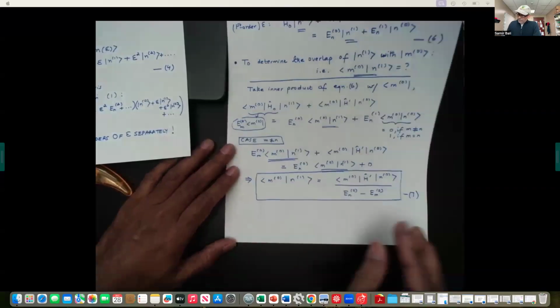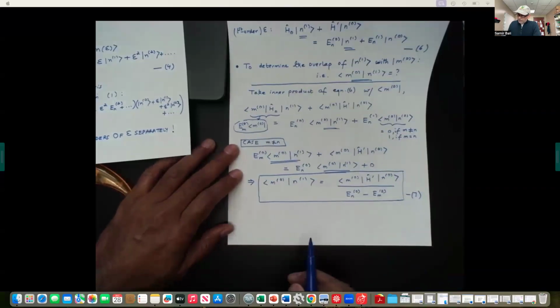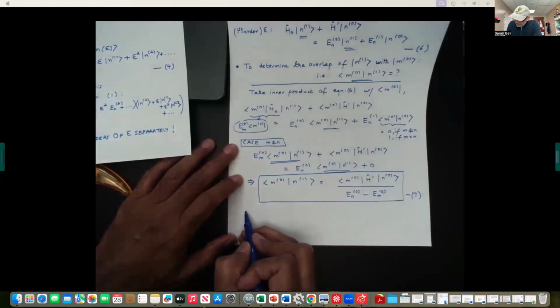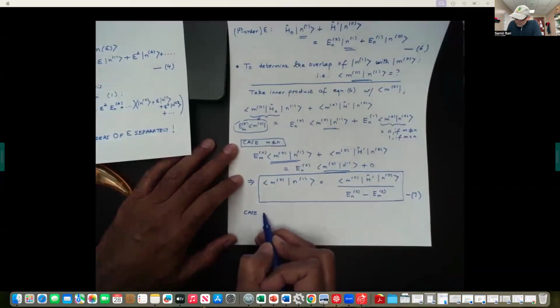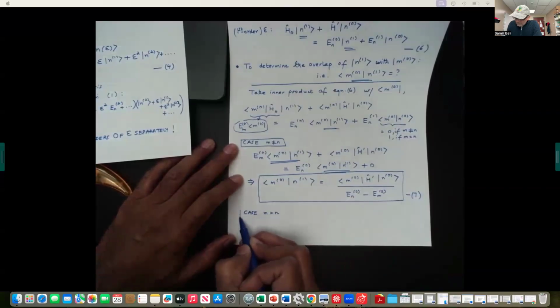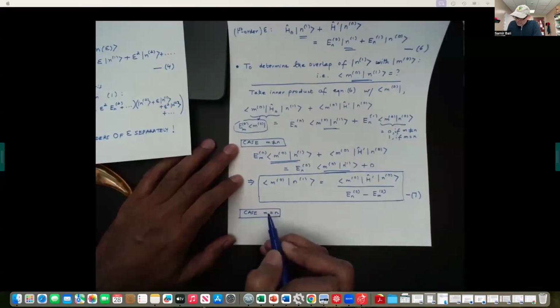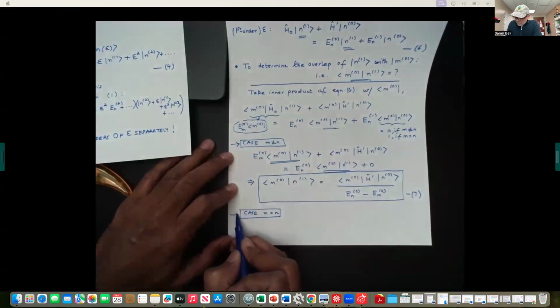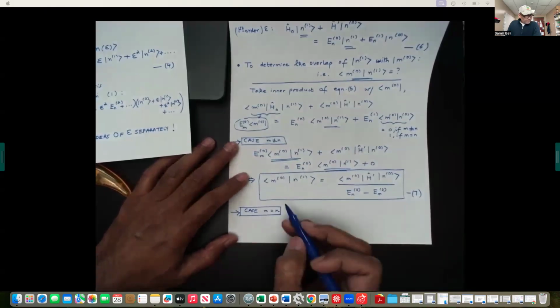Okay. Let's now deal with the case m equals n, because there's some information there. Let's not ignore that.